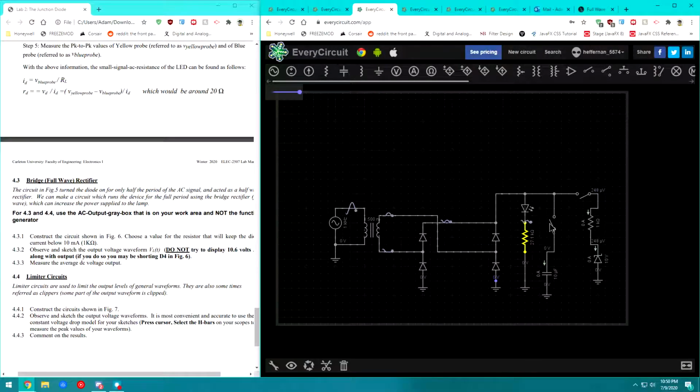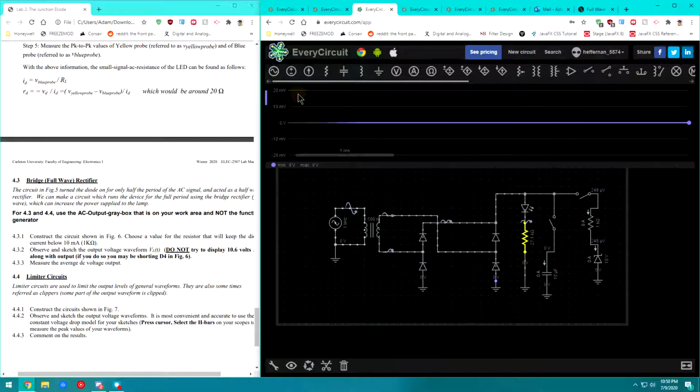And then after that, in parallel with that, we have what we call a filtering capacitor. This filtering capacitor will make the runoff of the DC wave much better.